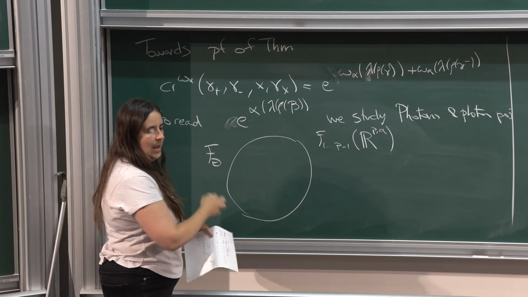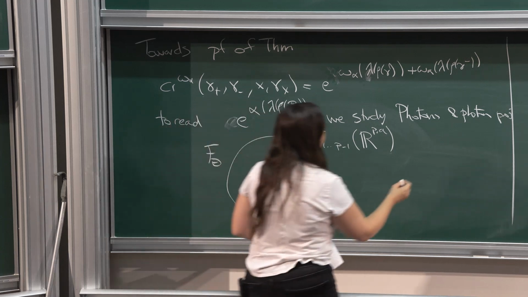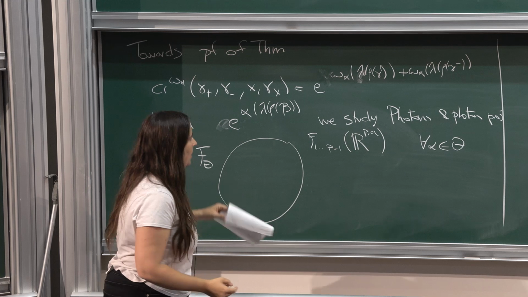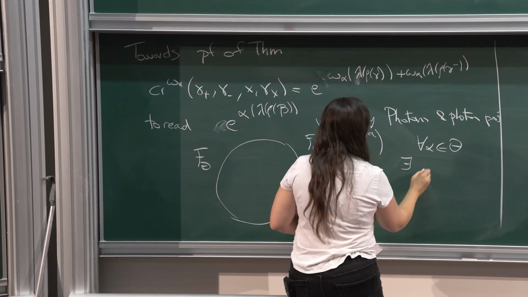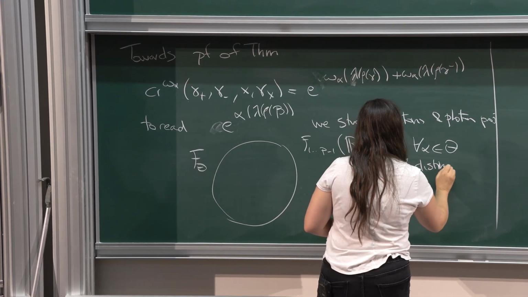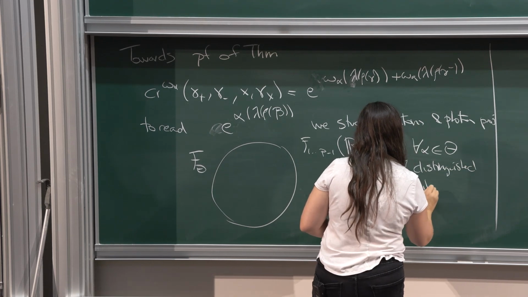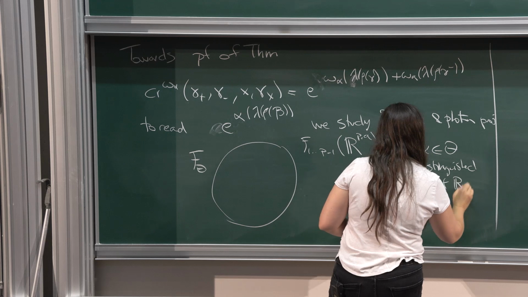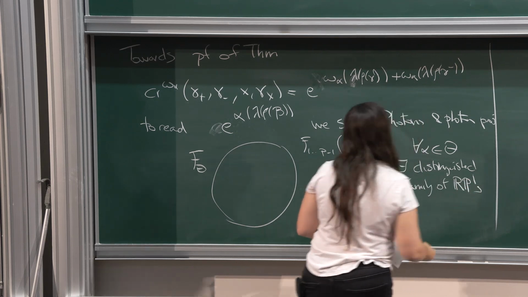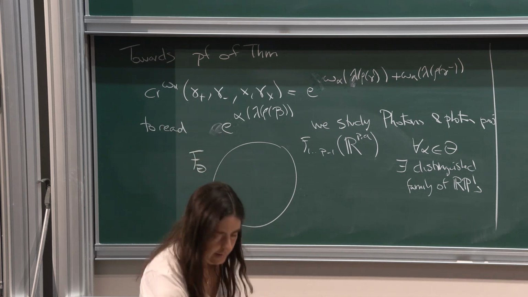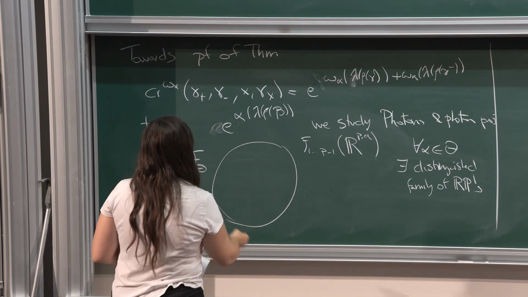And the point is that in these flag manifolds, for any alpha in theta, there exists a distinguished family of RP1s, which we call photons, that behave well with the cross ratio.